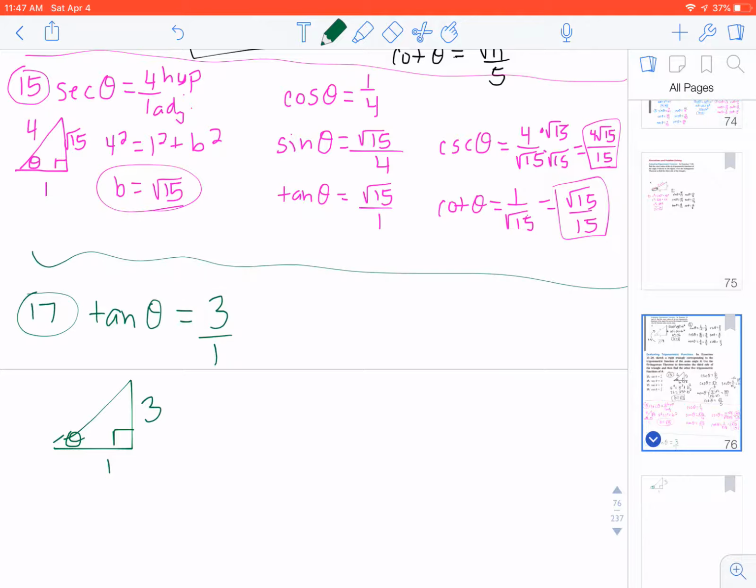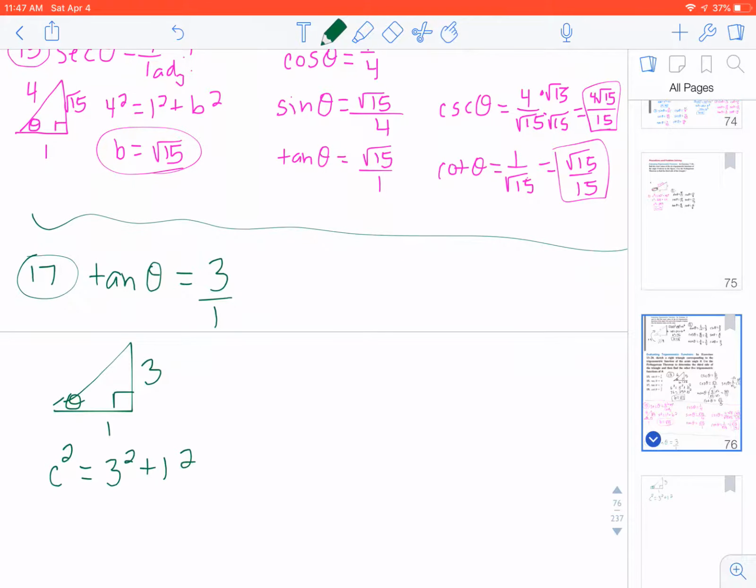We're going to find the hypotenuse. So we're going to set this up as c squared equals 3 squared plus 1 squared. Okay, so you end up with c squared equals 10. C is the square root of 10. Okay. Once you have all your sides, we're going to, again, find our other 5 trig functions.